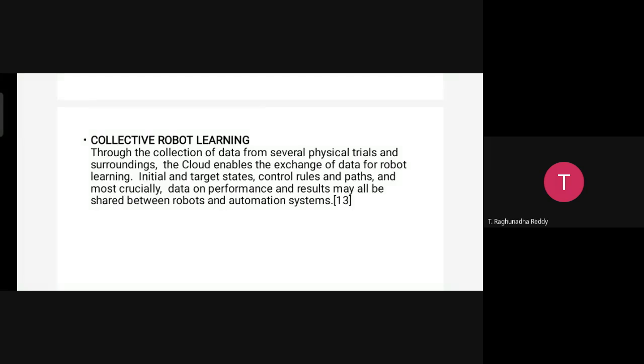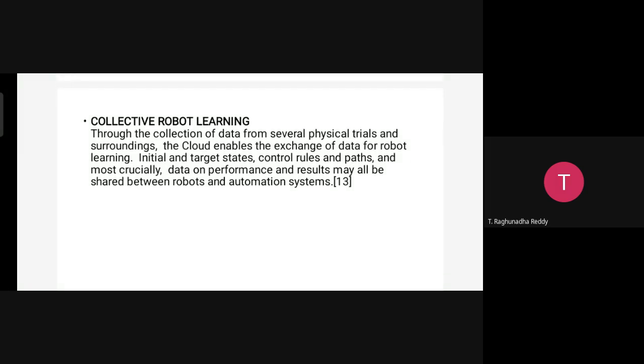Now, coming to collective robot learning, I am explaining this through a collection of data from several physical trials and surroundings. The cloud enables the exchange of data for robot learning. Initial and target states, control rules and paths, and most critically, data on performance and results may all be shared between robots and automation systems.